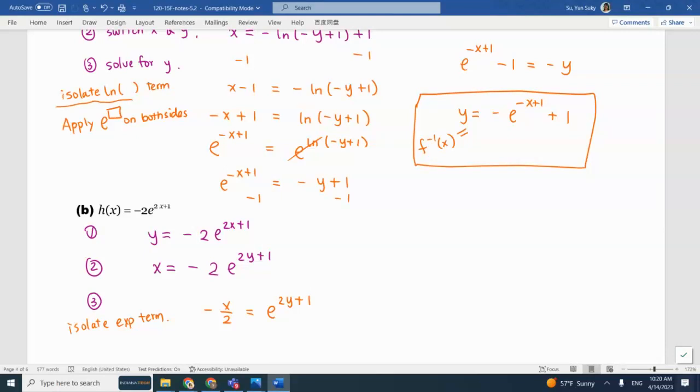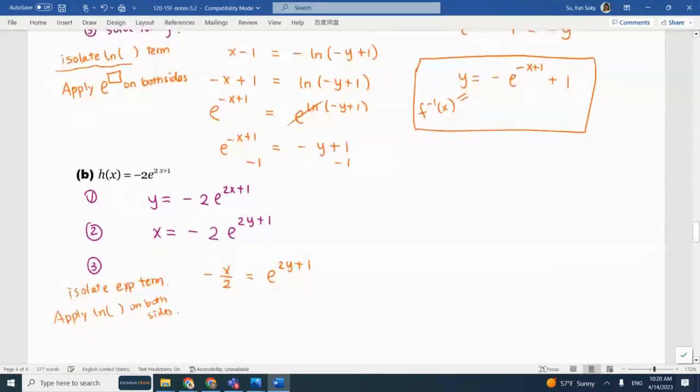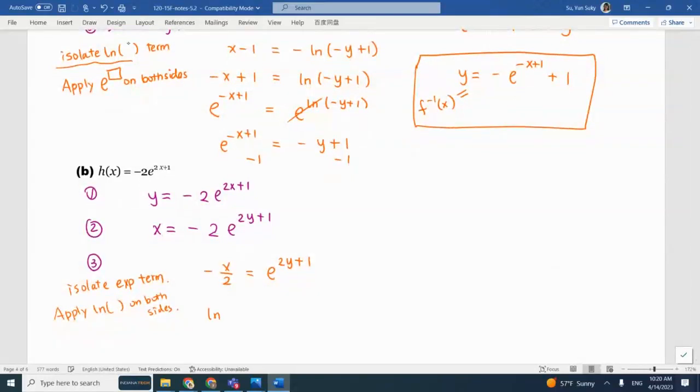Now, e and ln are inverse functions. To get rid of the e, since you want to solve for y, you apply ln on both sides. Is that okay, everybody? So apply ln, you get ln of negative x over 2, and ln of e to the 2y plus 1.